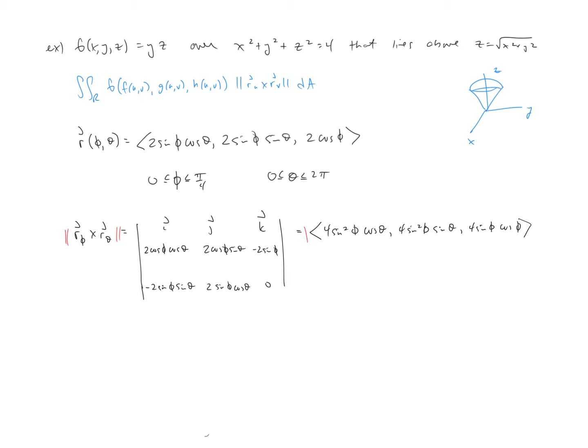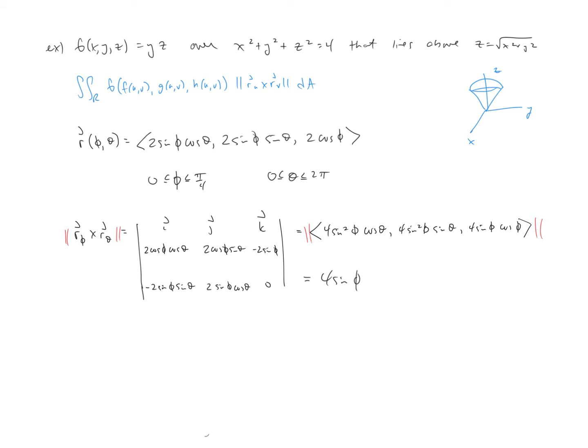So if I take the magnitude of this, I'm going to do this thing squared plus this thing squared plus this thing squared, all square rooted. This actually just comes out to be 4 sine phi when using those identities.